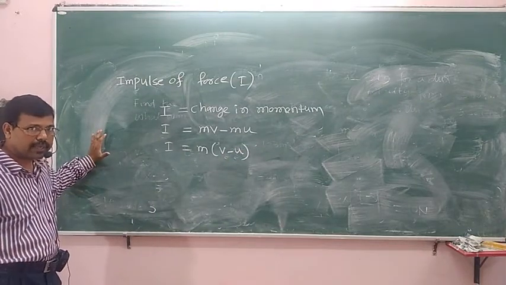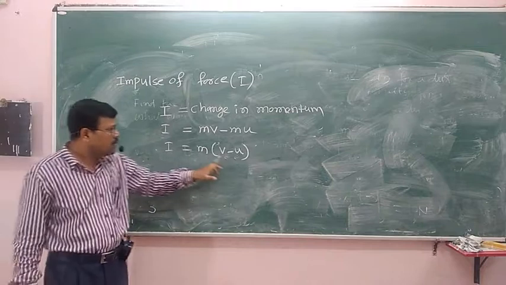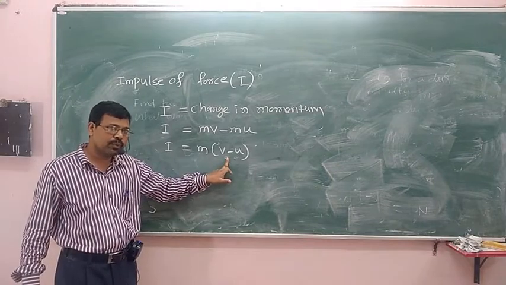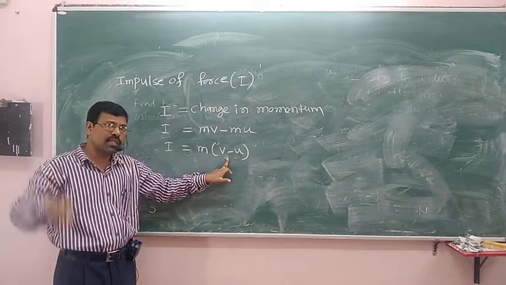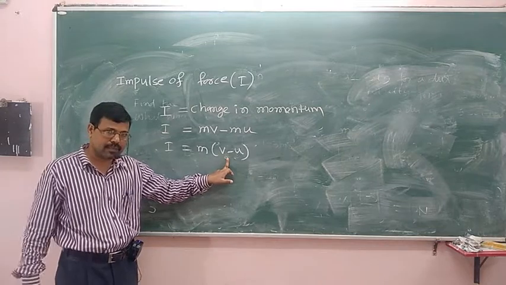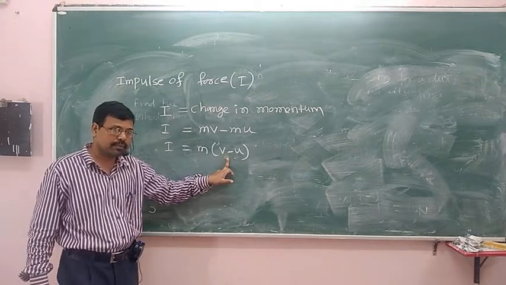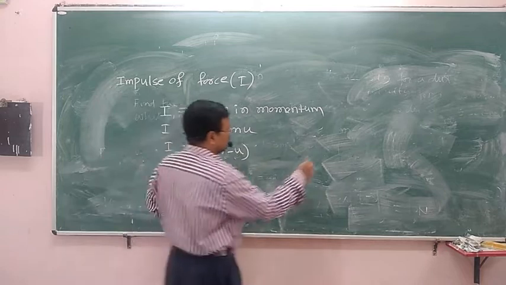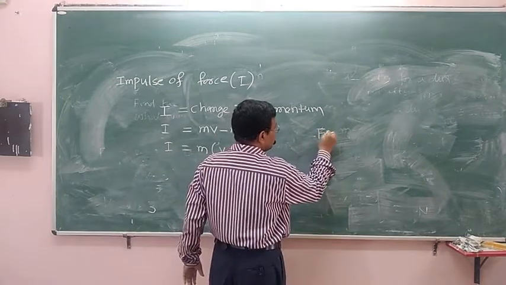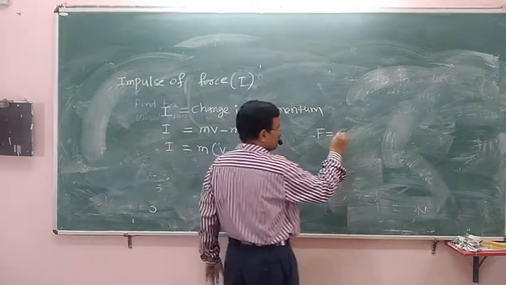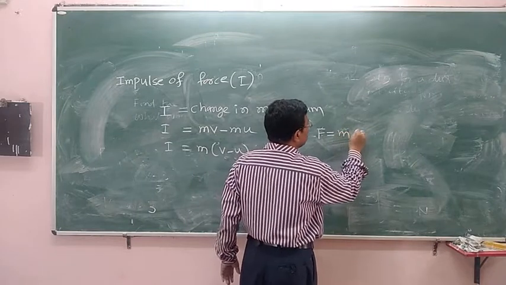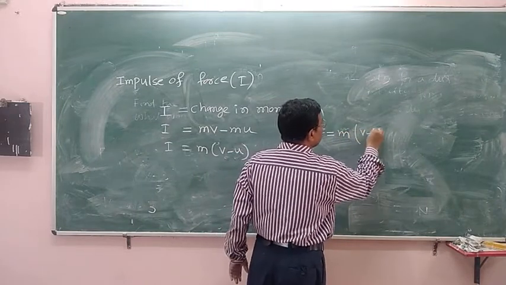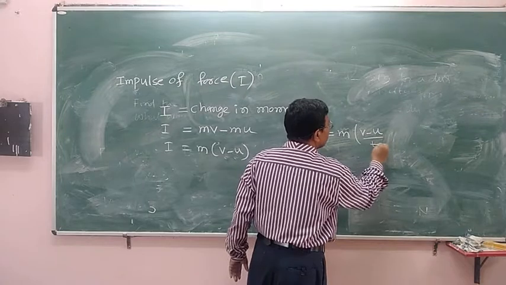As we know that this v minus u is change in velocity, how do we write? Okay, look here. F is equal to m into v minus u by t.